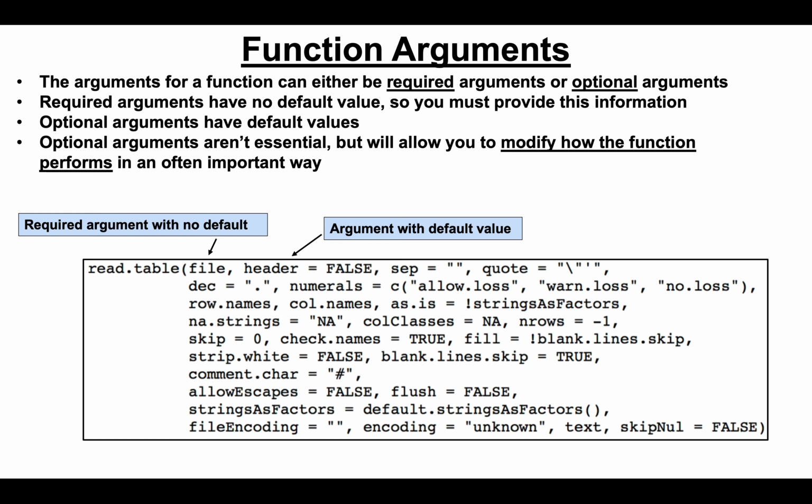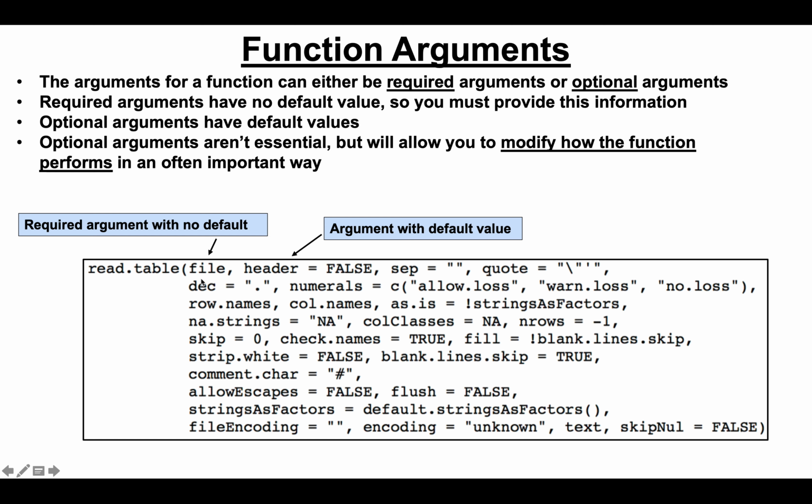Required arguments have no default value. These are arguments where the function needs you to provide some information or you will get an error. It will not run.